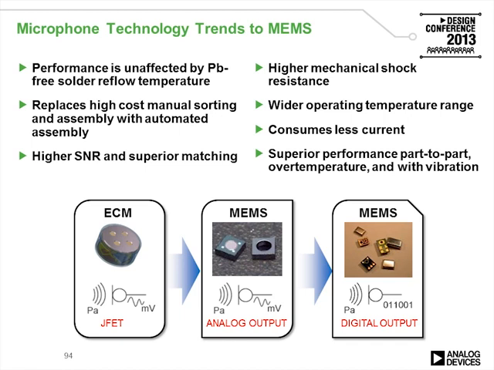They're a lot better matched part to part, and this helps when doing things like noise cancellation, beamforming. And they have higher SNR and they consume less current. So a lot of these advantages are causing or convincing the industry to switch from electric condenser microphones and move toward MEMS microphones.